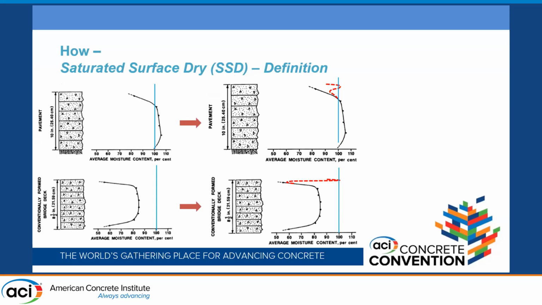Look at the right side two figures. When it's a saturated condition, you can look at the wiggly line for the moisture condition on the top, where mostly at the very surface the moisture content is about 90%-ish, while just below the surface it has to be 100% saturation. So that's a graphic showing what SSD looks like.